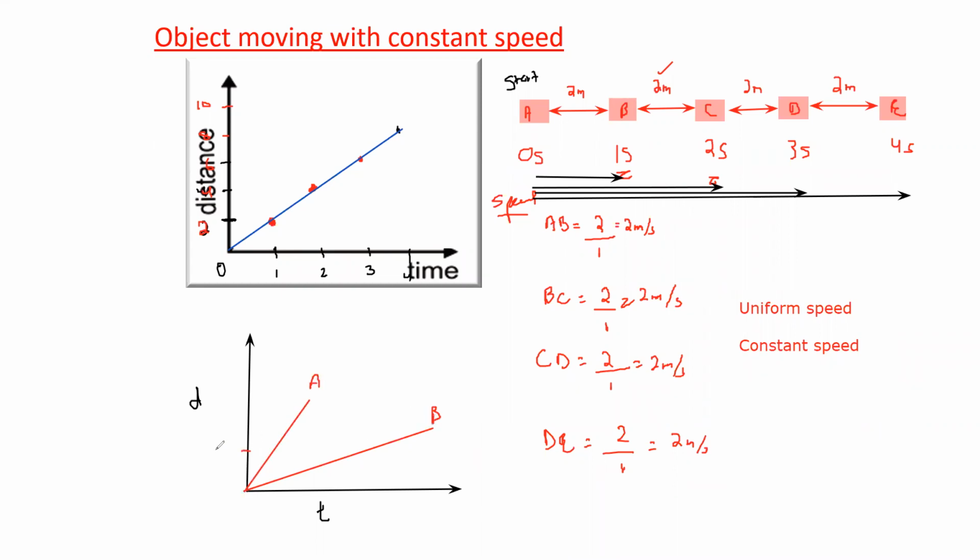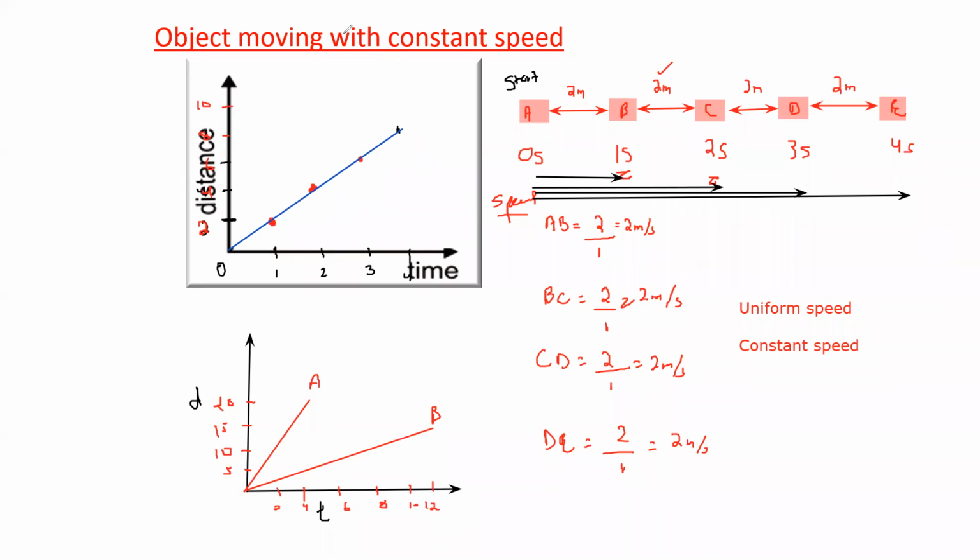And these are the values like 10, 20, 15 is there in between, 5, and the time axis 2, 4, 6, 8, 10, and 12.